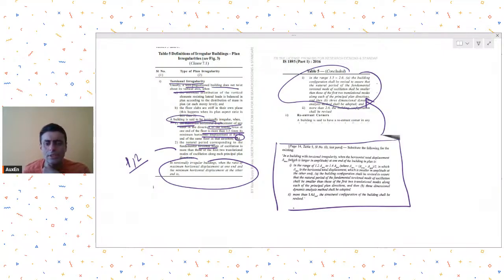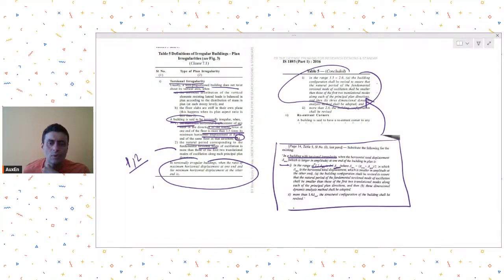So what you need to do in such cases, in a building with torsional irregularity, you find out the average displacement, and then you have to compare the maximum displacement and the average displacement.